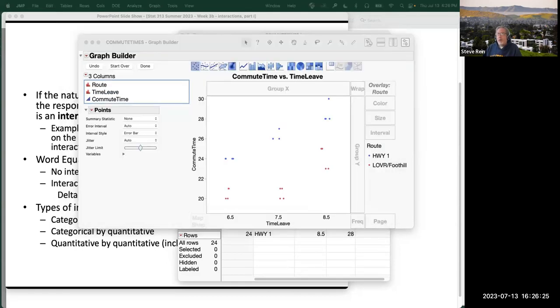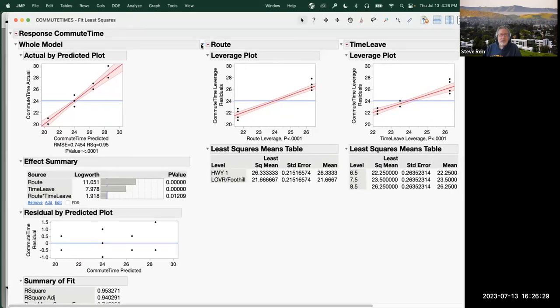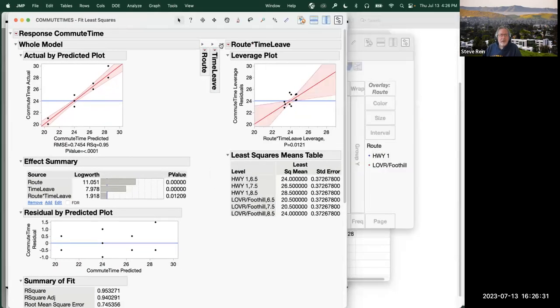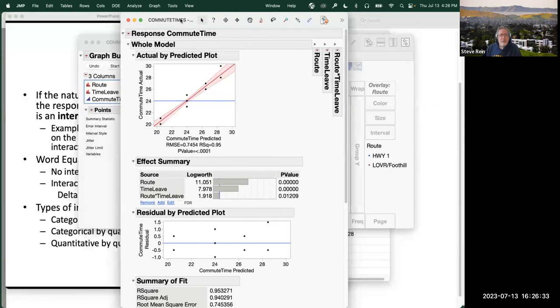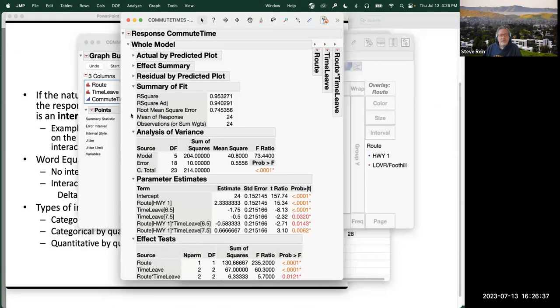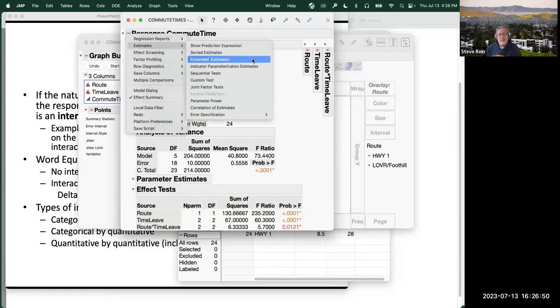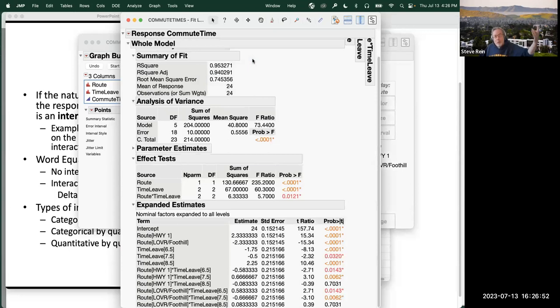If I run that model, there's a lot of output that I don't need to see all of. So again, I'm going to focus you in on what matters most to me for right now. One of those things is your R squared number. That says we're explaining an awful lot. I guess we look at parameter estimates sometimes. I usually like those expanded estimates just because it's easy for me to forget that maybe one of the variables is not being displayed.